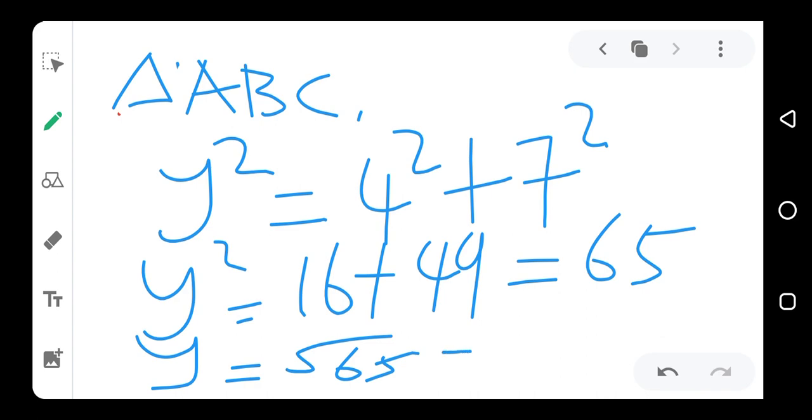Root 65, if we divide by 4, it will not go. If we divide by 9, it will not go. If you divide by 16, it will not go. If you divide by 25, it will still not go. So I'll just find the root straight. If I find the root straight, I'm going to get 8.06. So y is 8.06.